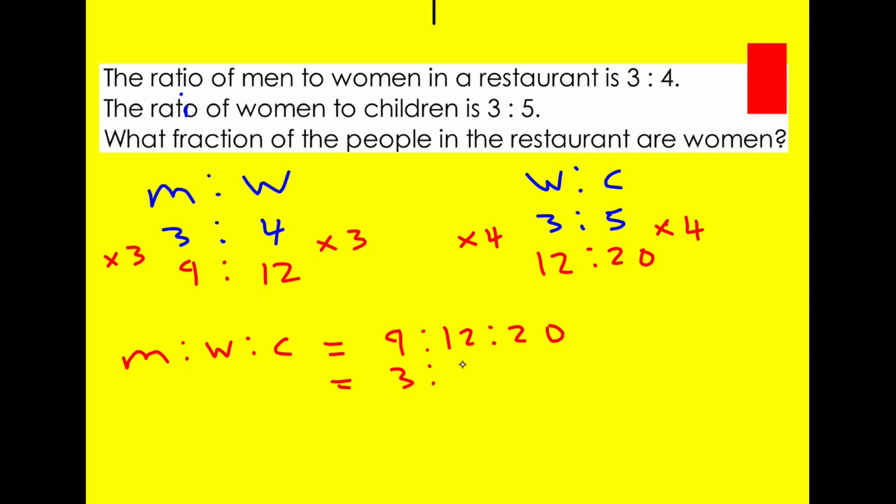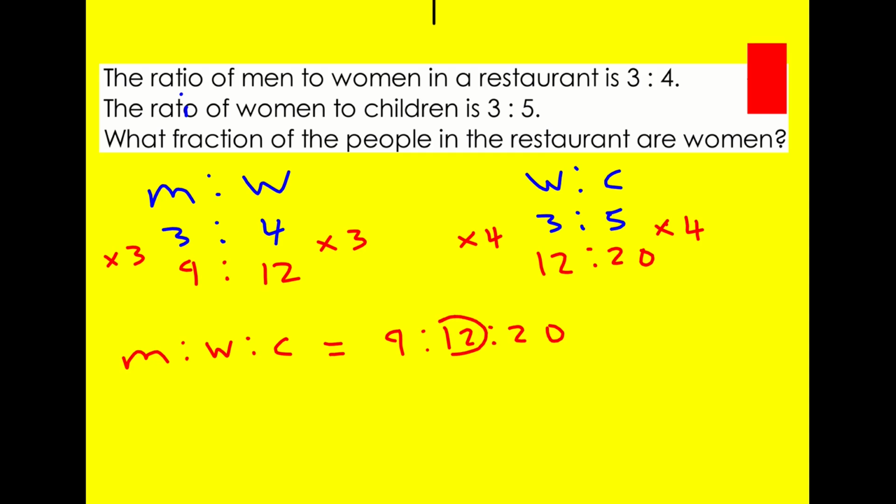Which I can simplify to 3 to 4. No, I can't simplify that. What am I talking about? There's no common factor. Okay, ignore that. Right. So we've got our ratio. What fraction are women?